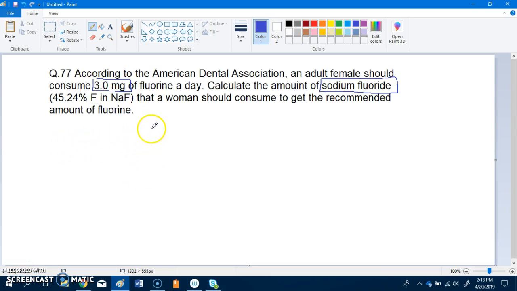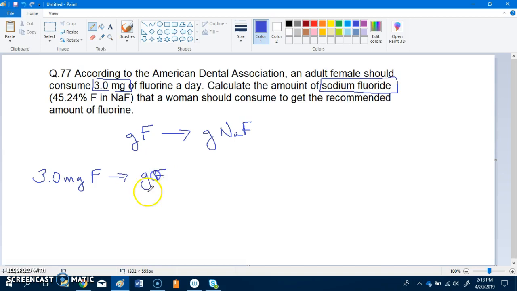So the solution map to this is, we know our grams of fluorine and we need to convert it to grams of sodium fluoride. We're given a mass of 3.0 milligrams of fluorine, which we will have to change to grams of fluorine because we always deal in grams.